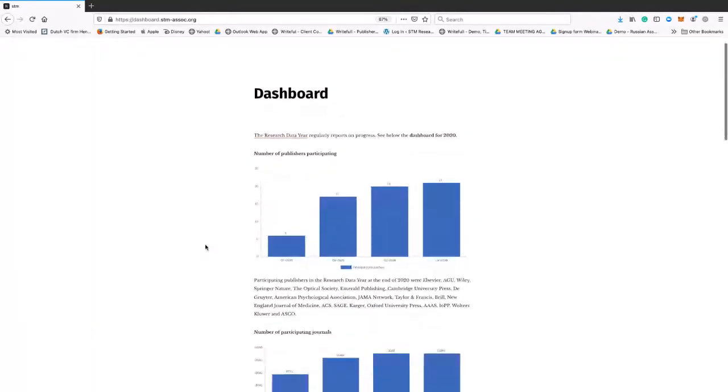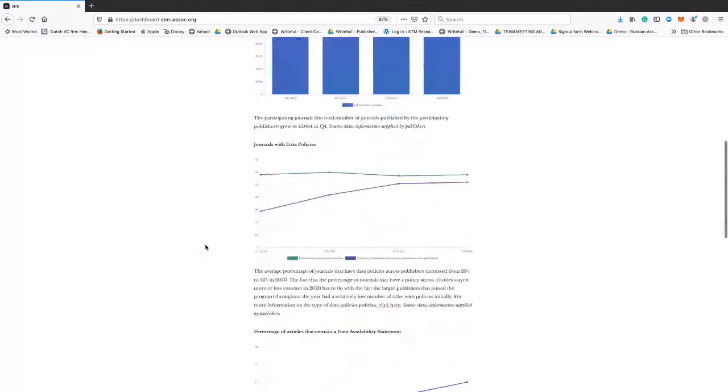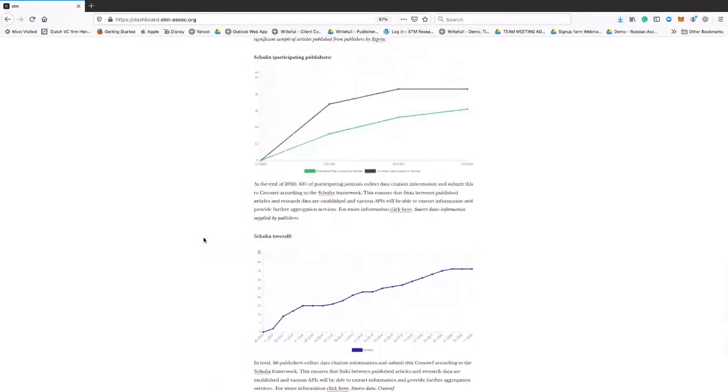This is about the participating journals and journal policies, but this is about Scholix. You can see the green graph here. It shows that 30% of the publishers now deposit their data to Crossref, so that it's included in Scholix, and 43% of journals. So that is okay, but that's of course a work in progress.